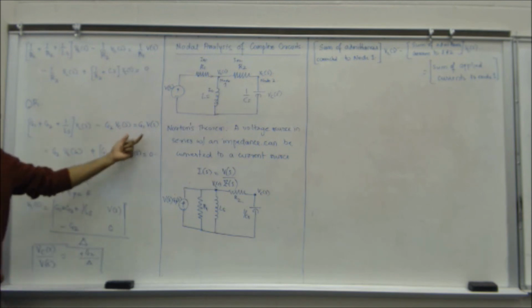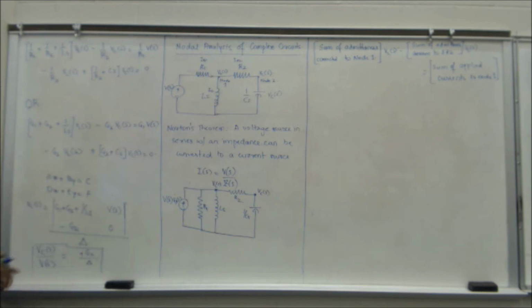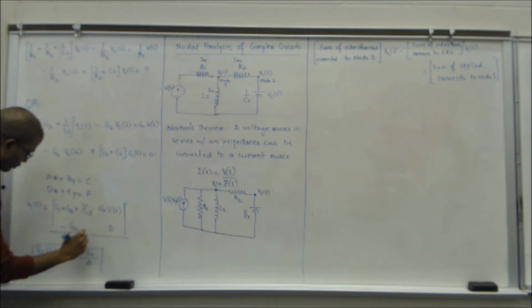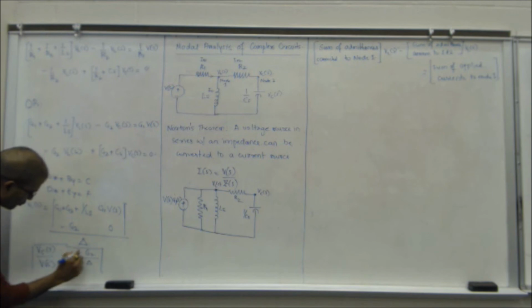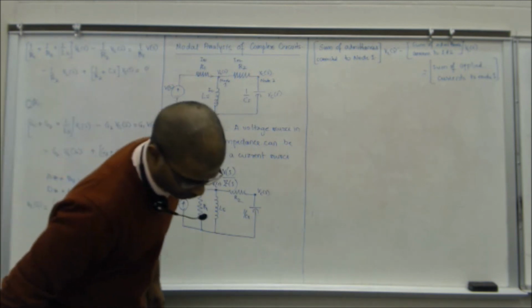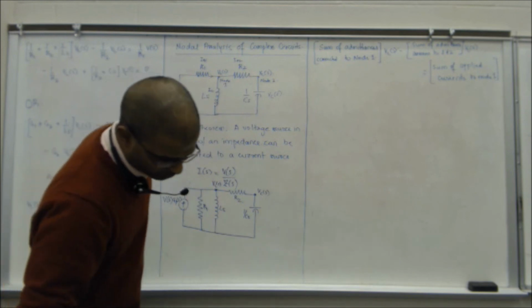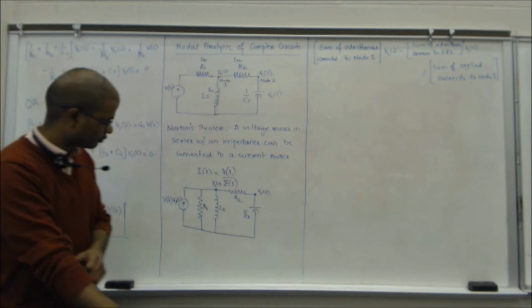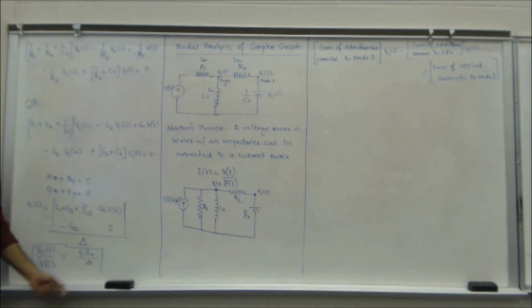It will still remain the same. This would be G1. And that is what the textbook also has. So G1, G2 over delta. We can leave it in that form for our test.